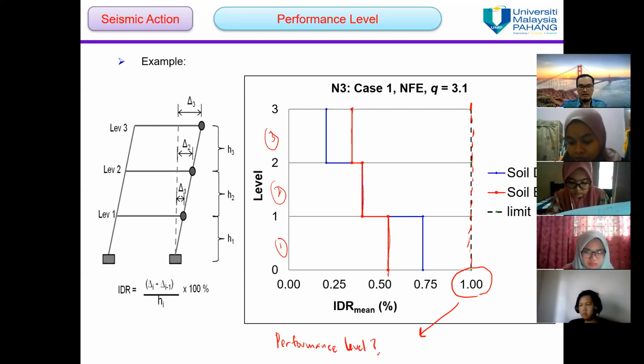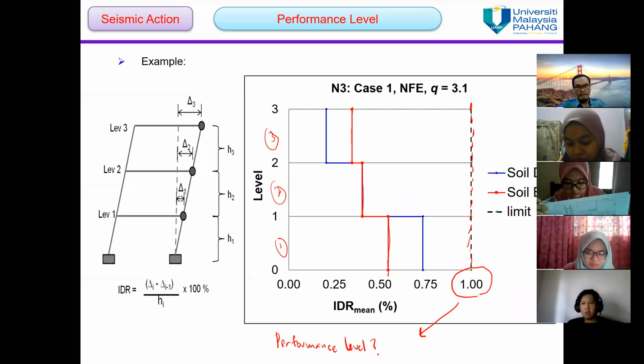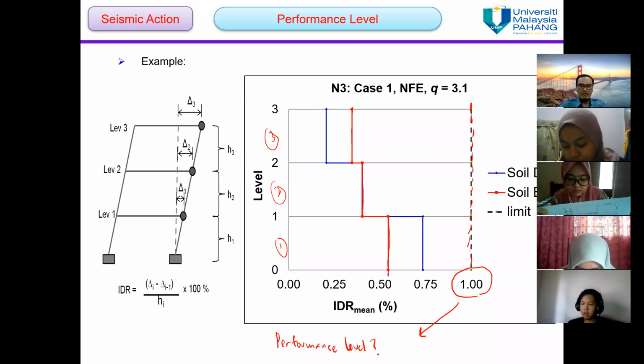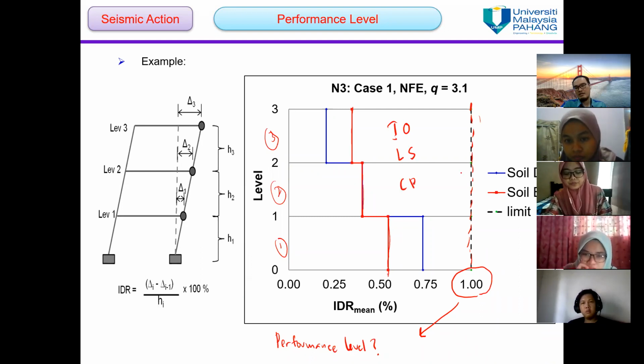Either it is immediate occupancy, life safety, or collapse prevention. Any idea? What is the performance level of this building?